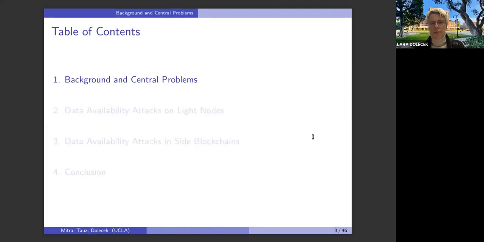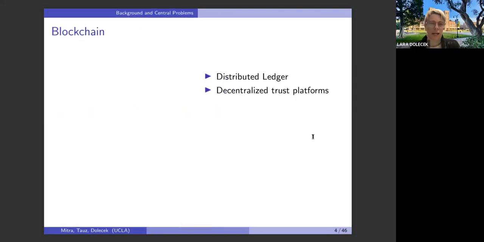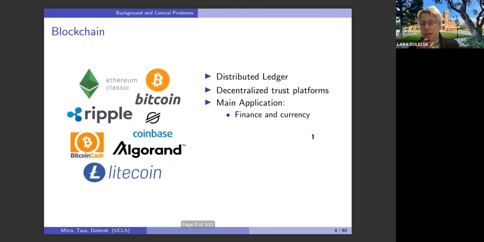Okay, so let's get started with background and central problems. Again, blockchains is something that many of you are familiar with, at least in general setting. This is an example of a distributed ledger, and this allows for decentralized trust platforms without a centralized entity.